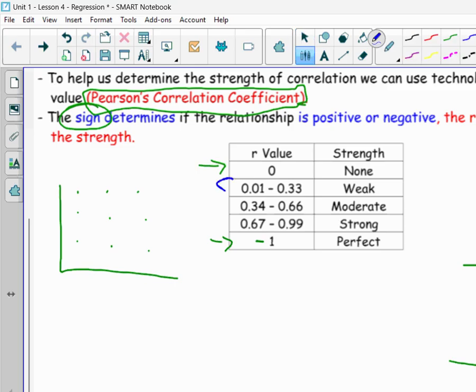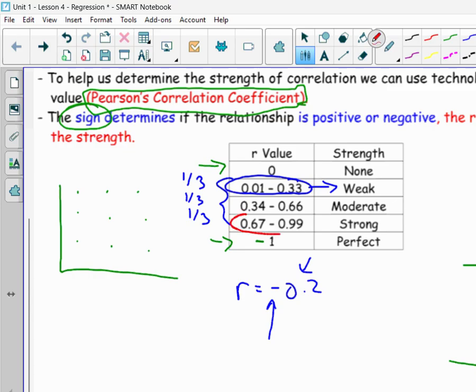What we will see is values that fit into these categories. We're going to really just break them into thirds. If you got an R value of negative 0.2, the negative tells me it's going down to the right, and the 0.2, which fits into this interval, tells me it's weak. We don't really like weak ones. What we're hoping for is a nice, strong relationship.